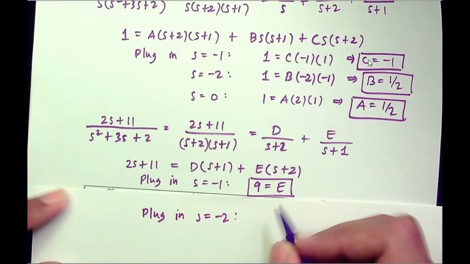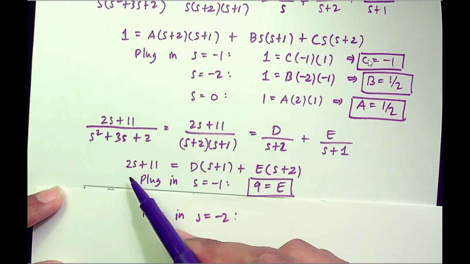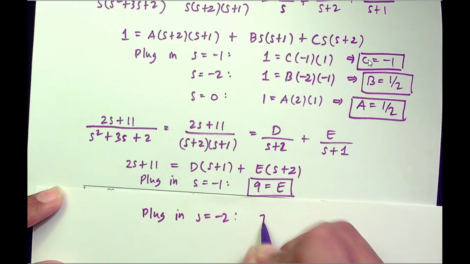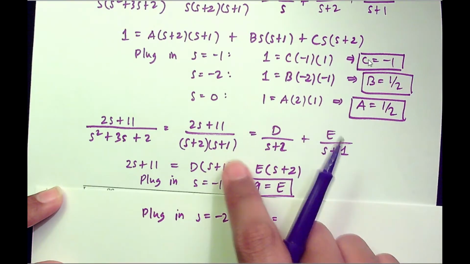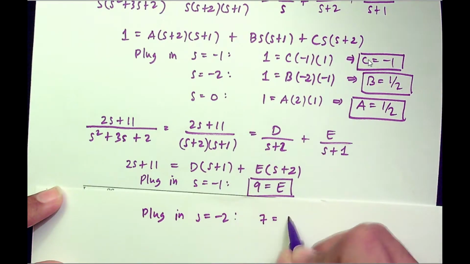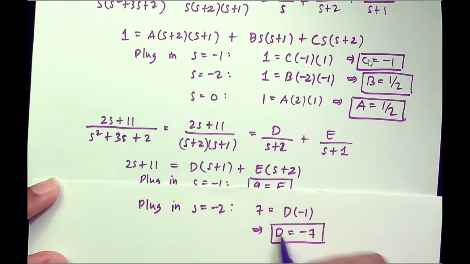So we're going to get what? -4 plus 11 is 7. And then here, -2 plus 1 is -1. So that means D is -7. D is -7.